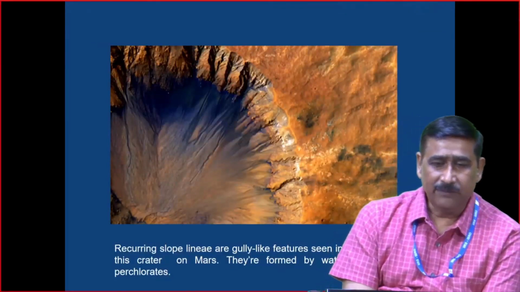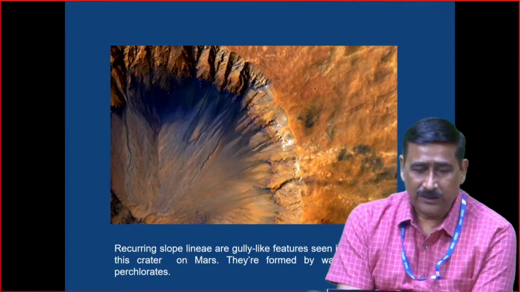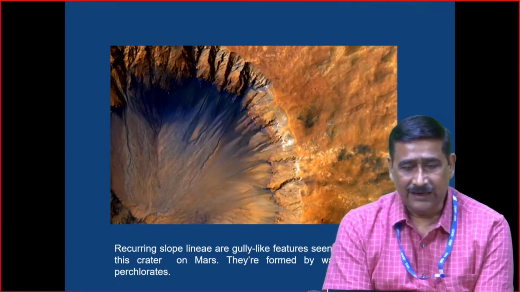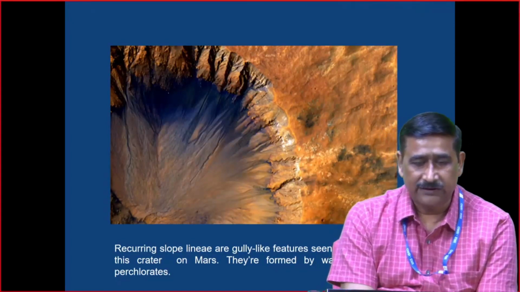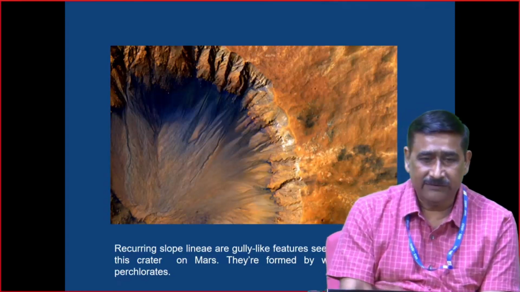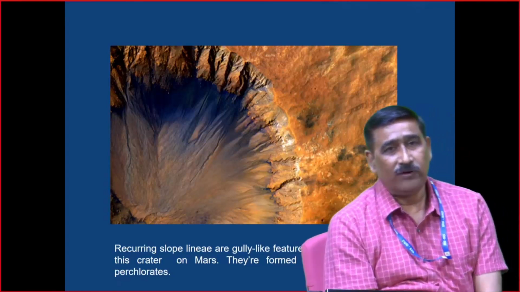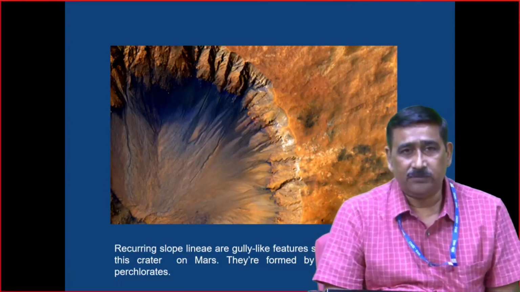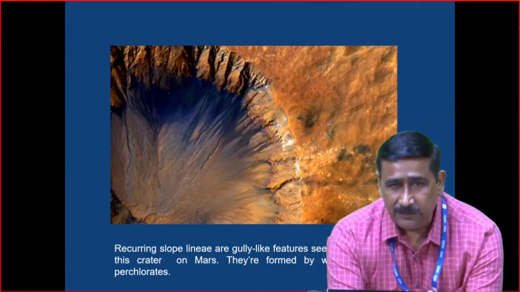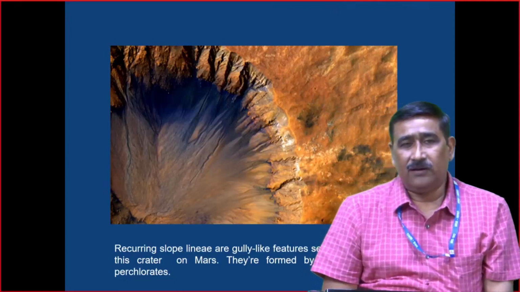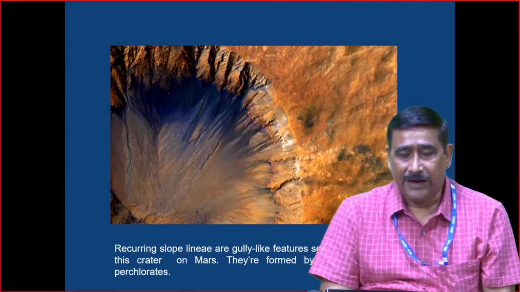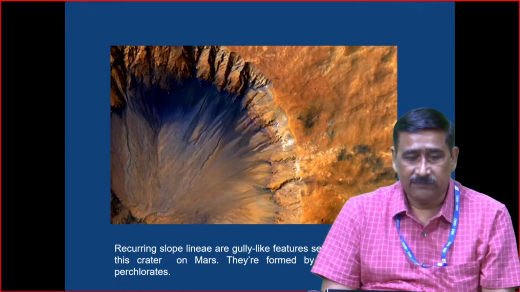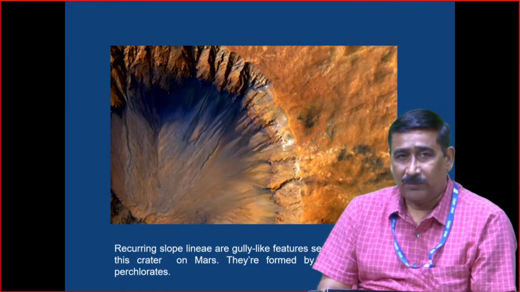We have also seen that on Mars there are many places with what we call recurring slope lineae, a gully-like feature in some parts of the craters, and it seems that some liquid is flowing down. Although, as we discussed, in this low pressure condition, liquid cannot exist. So there are some hypotheses that it might be water mixed with percolates, what you call brine water.